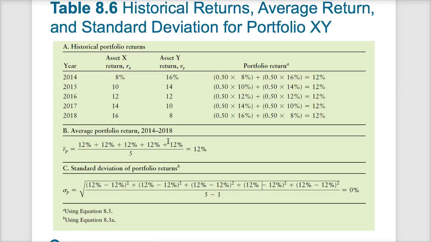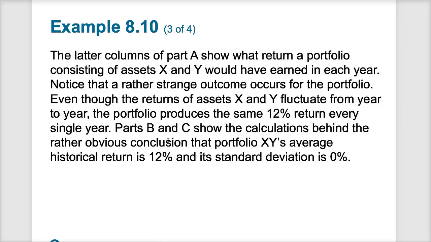Okay, so in these couple of slides I'm going through here, these are going to set up the next big table, 8.6. So basically, think about a portfolio consisting of X and Y. What would be the best return of X and Y as far as percentages?